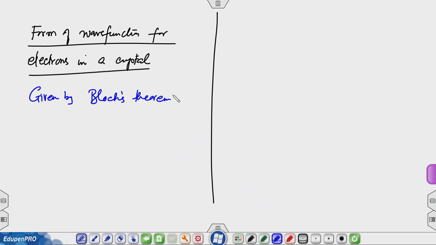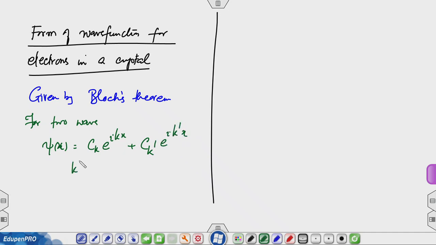Let me first show it for the two-wave system that we took. Suppose I take psi(x) to be some c_k e^{ikx} plus some c_{k'} e^{ik'x}, and k' is not equal to k, and k' is not equal to k plus some nG.